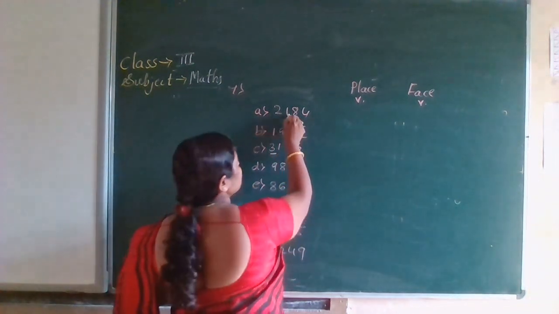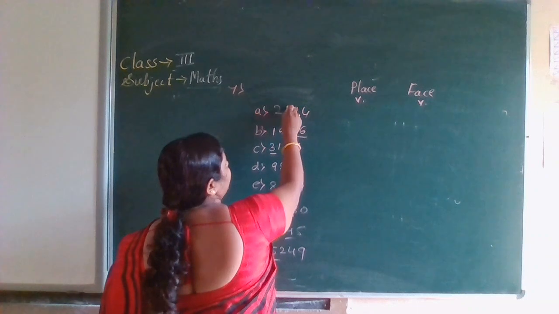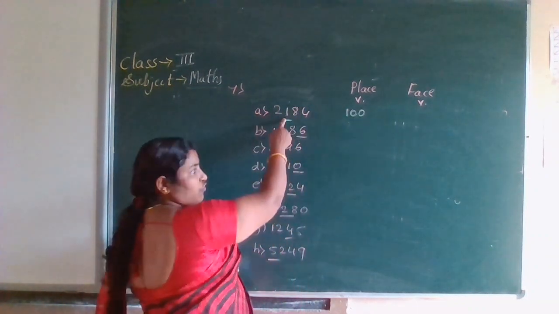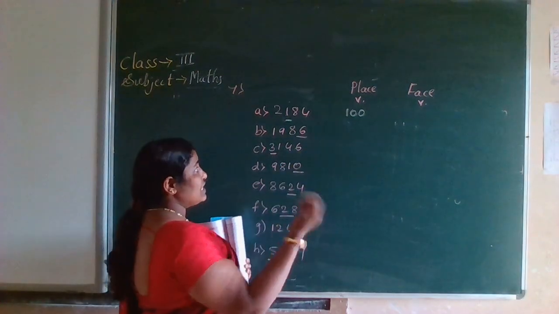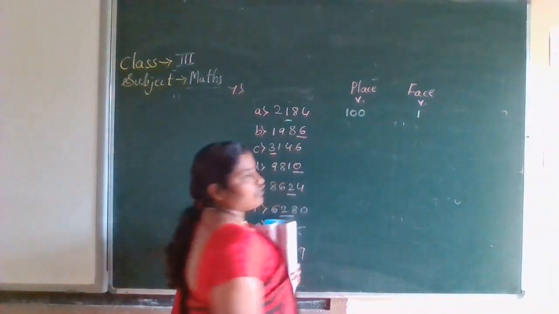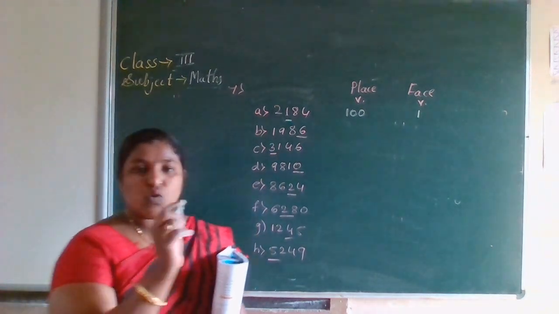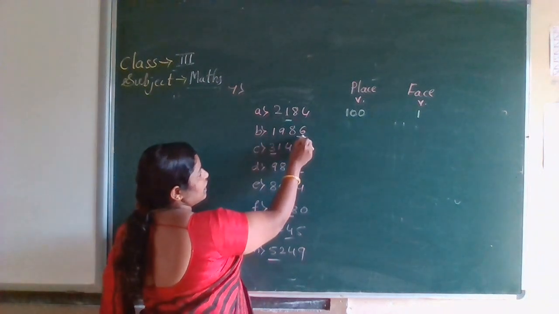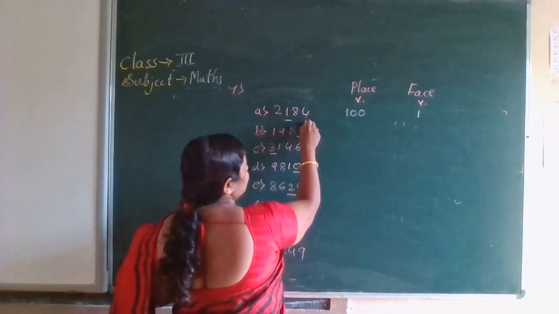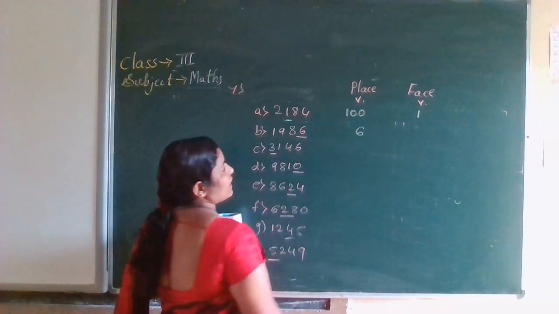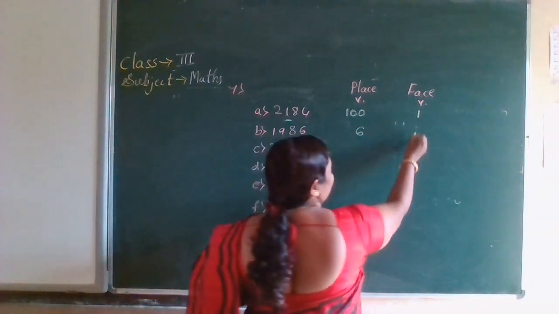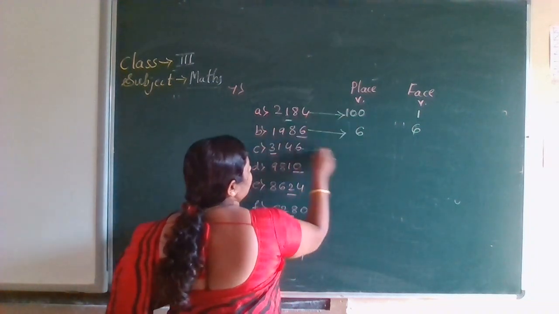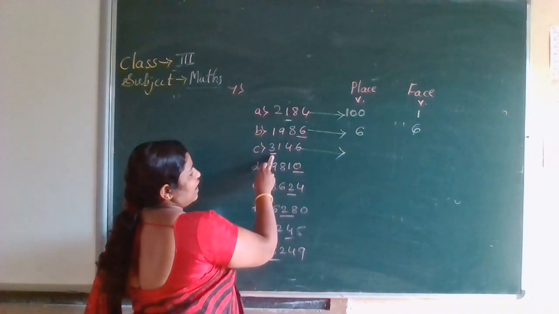Now see, which place is this? Ones, tens, 100. 100 into 1, 100. The place value of 1 is 100. What is the face value? 1 itself. Whatever number is looking at us, that is the face value. Next, underlined number is 6. 6 into 1, 6. The place value is 6 itself and face value is also 6. Next, underlined number is 3.